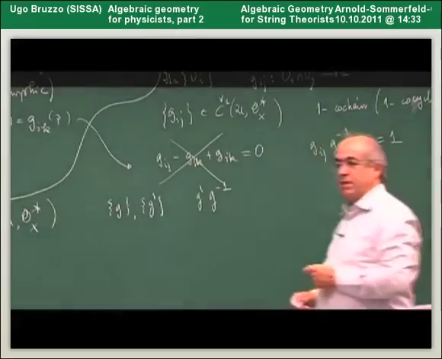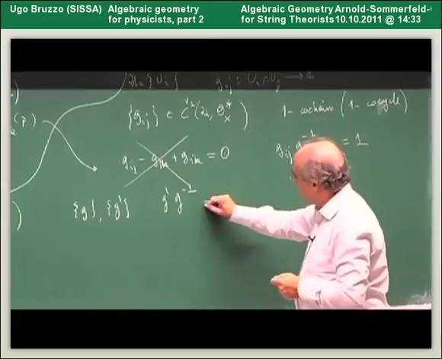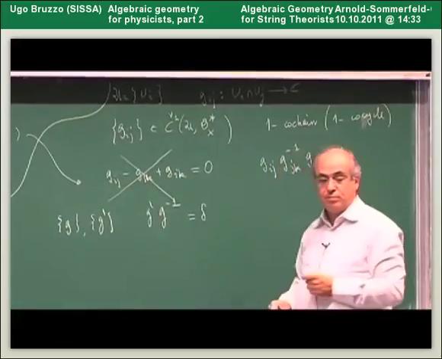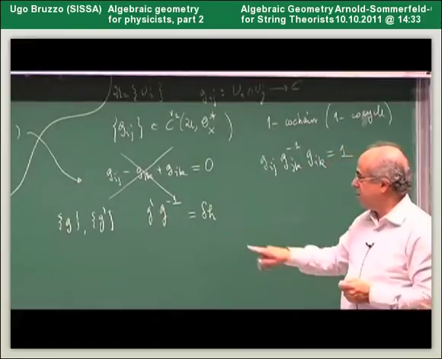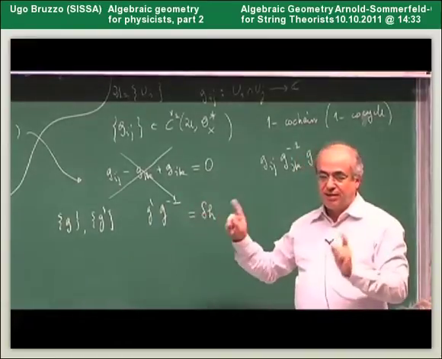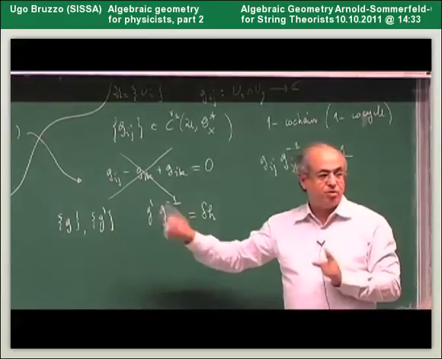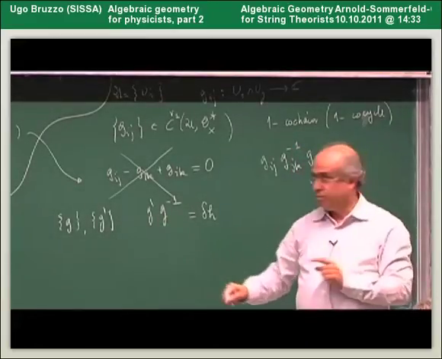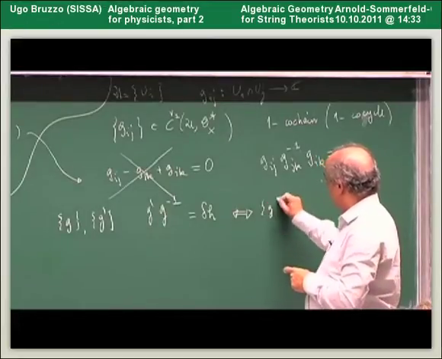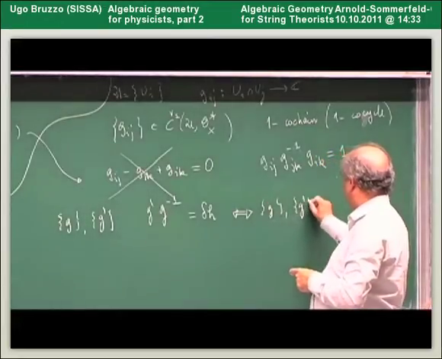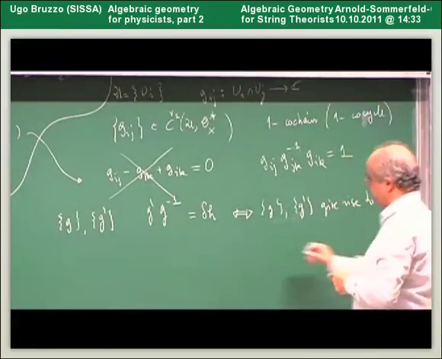So instead of the difference, I should write this. It may happen that this is delta of something. And then you may prove that this happens if and only if the two corresponding line bundles are isomorphic. So this happens if and only if the two cocycles give rise to isomorphic line bundles.